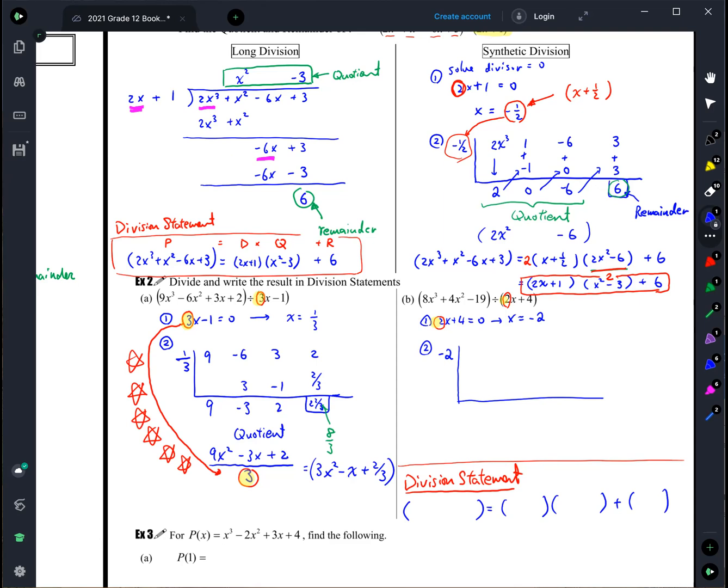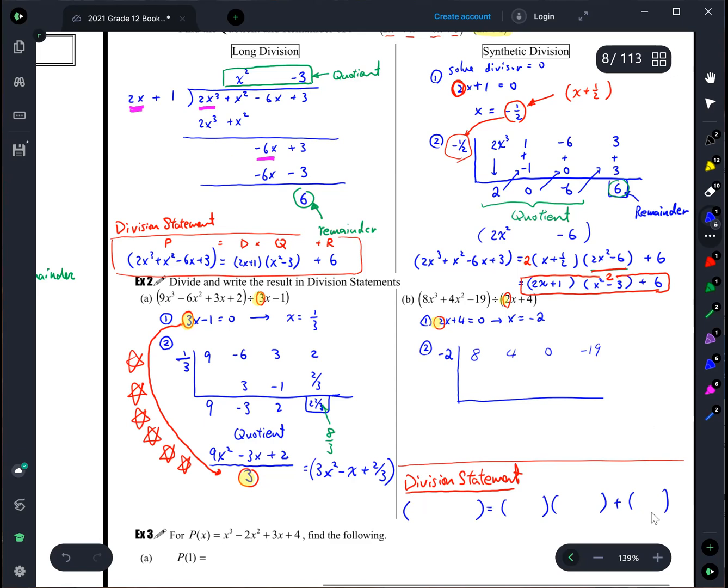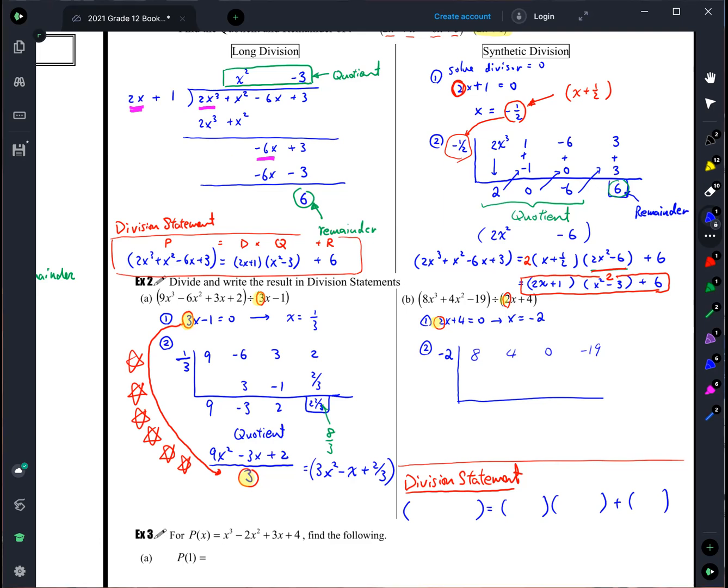What number do we put inside the box for the dividend? The first number is 8, and then 4, and then 0, and then -19. If you finish the division statement, please raise your hand. Don't forget to have a 0 for your dividend.